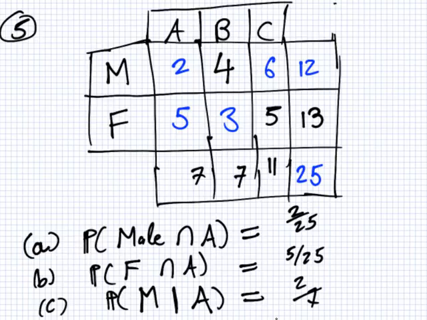Female and A? There's only 5 women who got an A here. There's the 5 of them there, and the total is 25. There are 7 A students. So, yeah, among the A students. Okay.